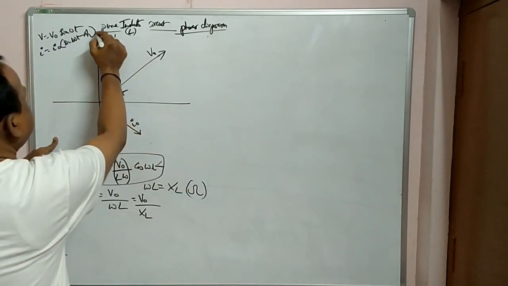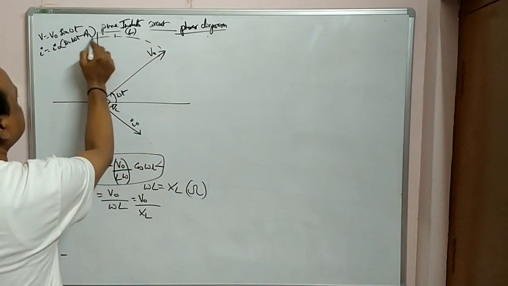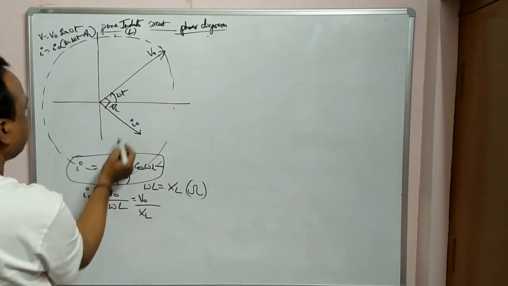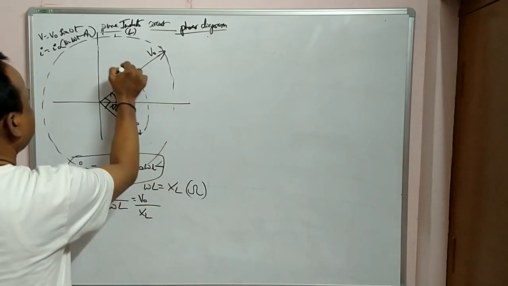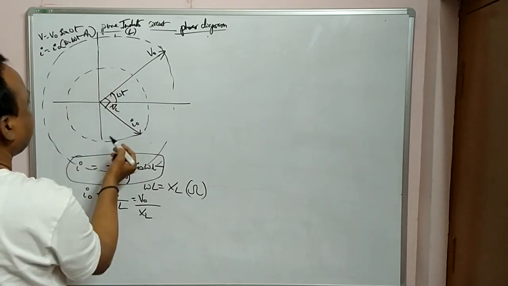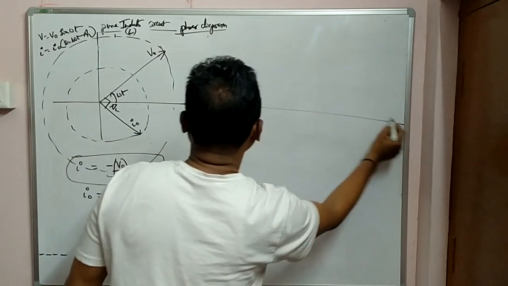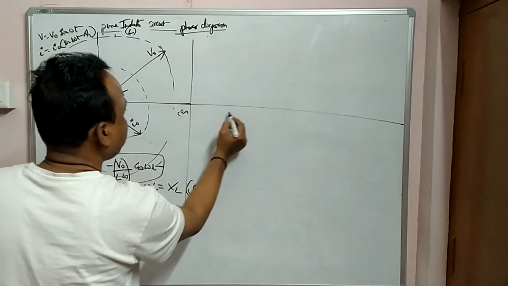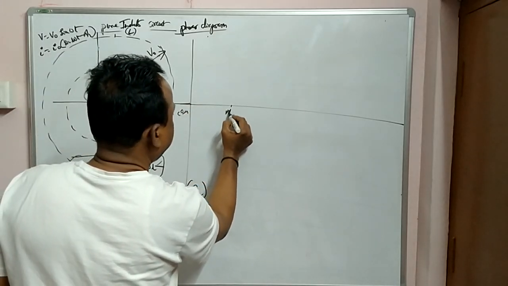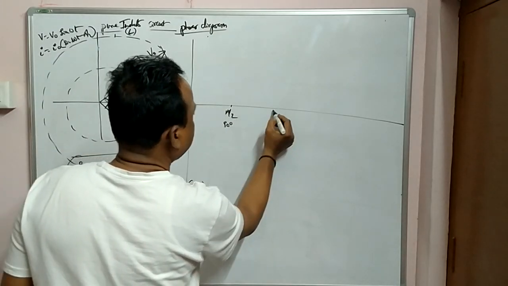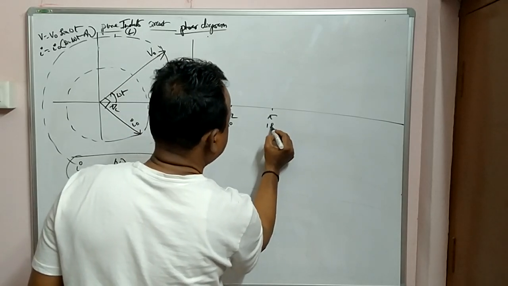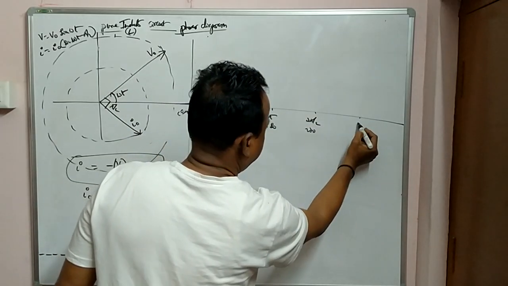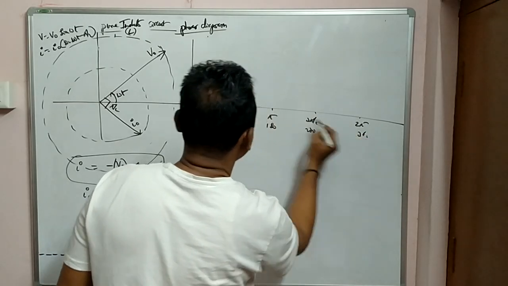Now rotate this one again, and this also. Extend the phasor diagram: 0 is the origin, then 90 degrees or pi by 2, pi is 180 degrees, 270, and 2 pi is 360 degrees.